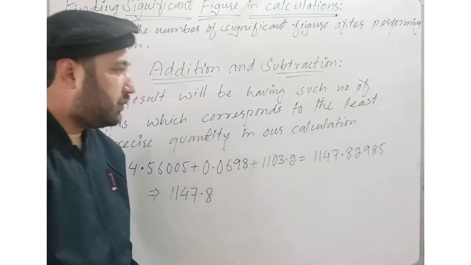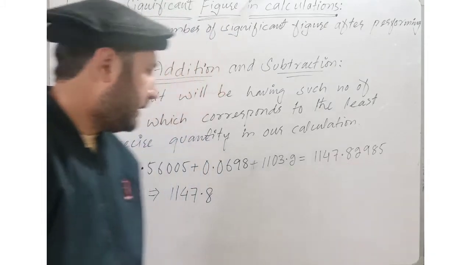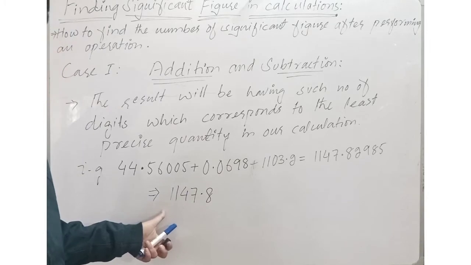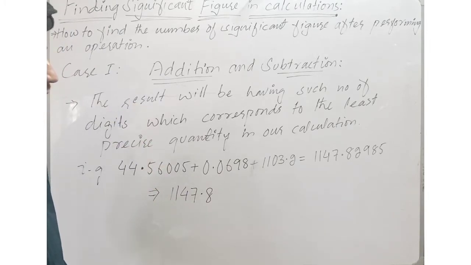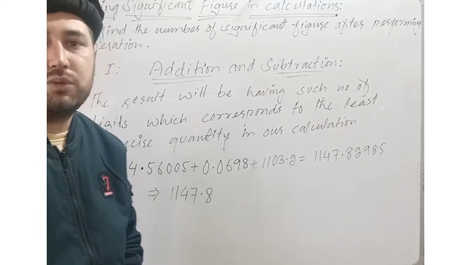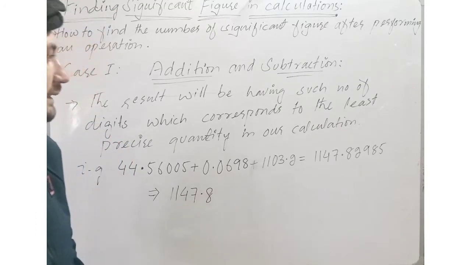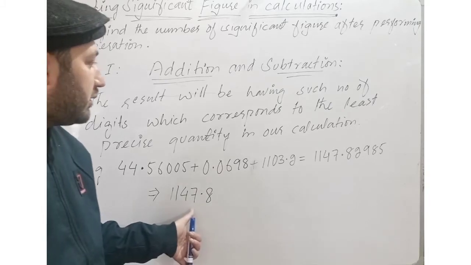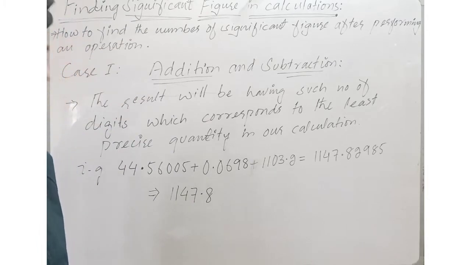I hope that you know how you can round off decimal points. So in case of addition or subtraction, whenever you are going to add 2 or more values, you have to restrict the result such that it corresponds to the least precise quantity in our calculation.